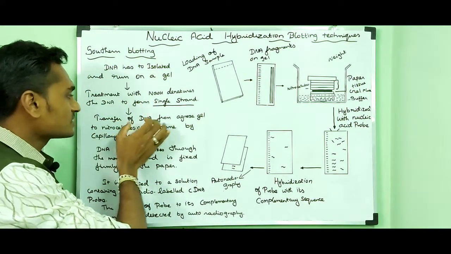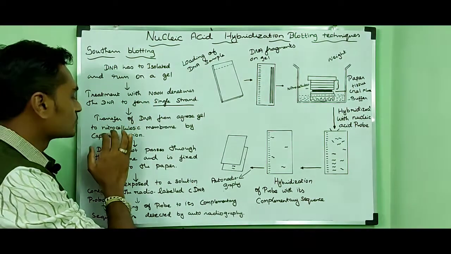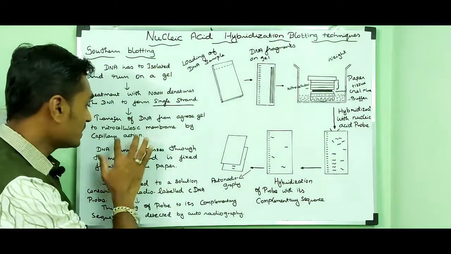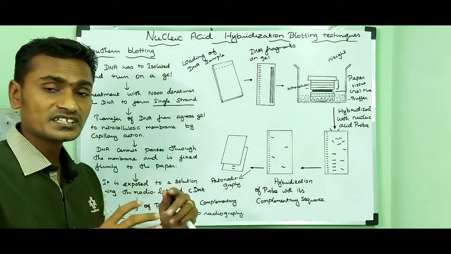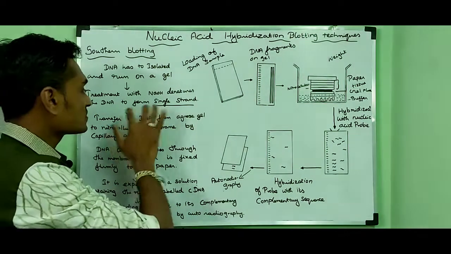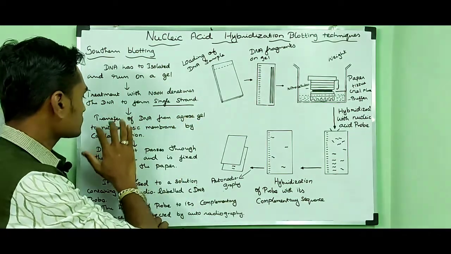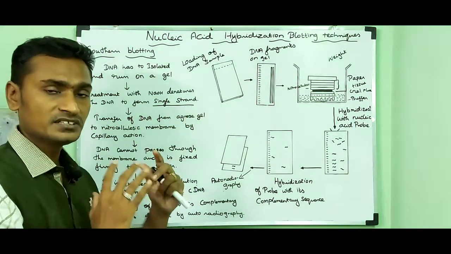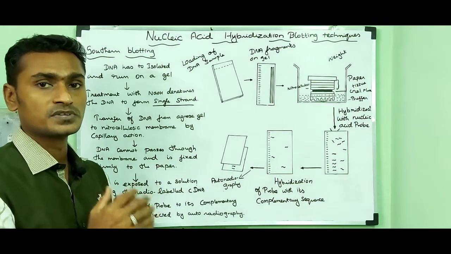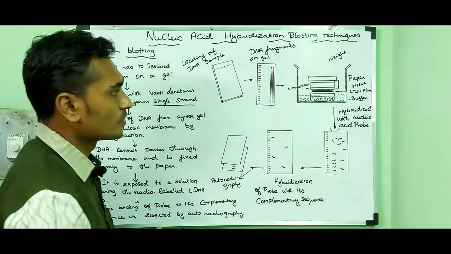Then the transfer of DNA from the agarose gel to the nitrocellulosic membrane by capillary action. Without using any energy, the transfer of DNA from the agarose gel to the nitrocellulosic membrane takes place. How is it possible?